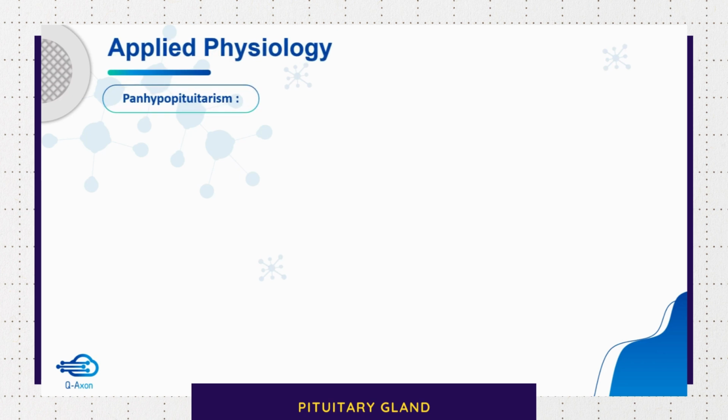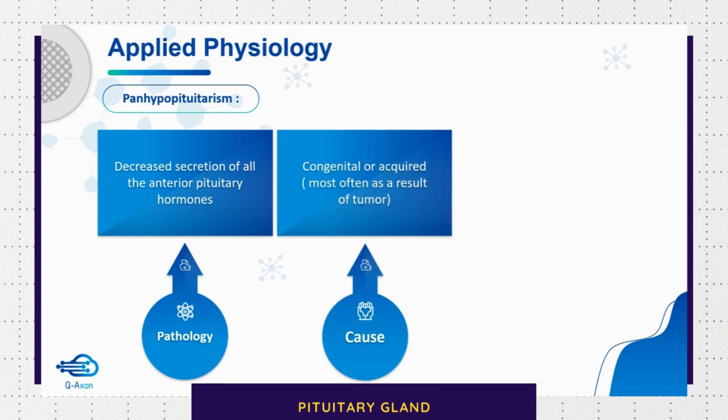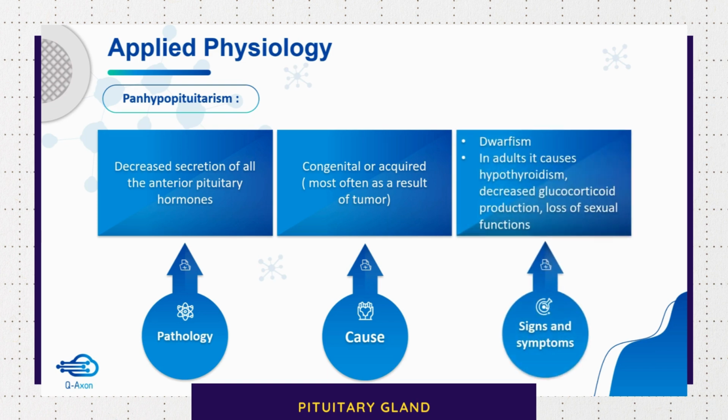Now let's see some conditions which are caused by either increase or decrease in the synthesis of growth hormone. Panhypopituitarism is the condition in which there is decreased secretion of all the anterior pituitary hormones. It can be either congenital or acquired. When it is acquired, most often it is caused as a result of a tumor.